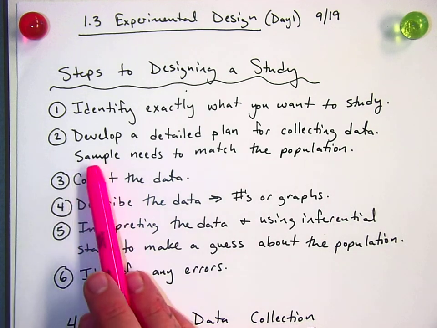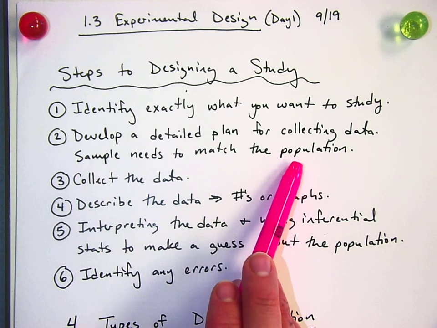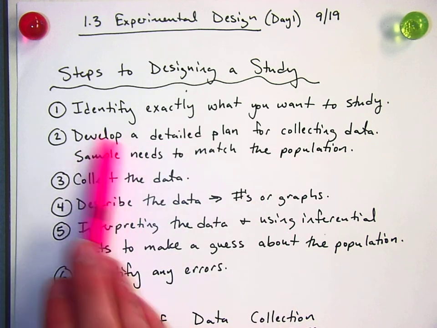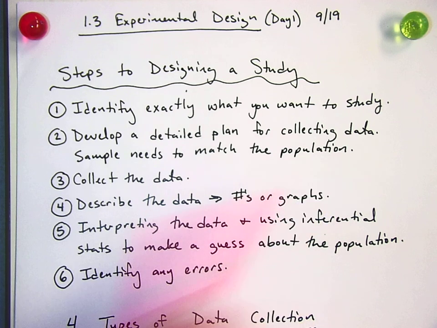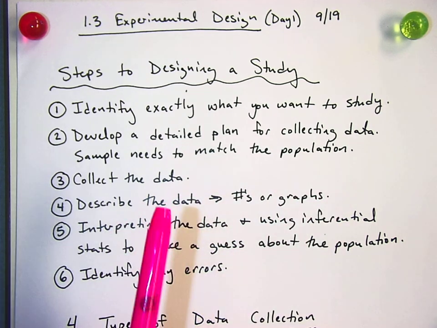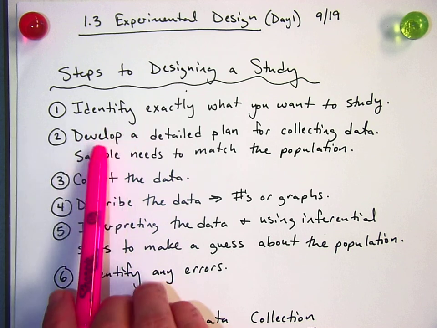But that doesn't match the whole United States, because the whole United States aren't Republican. So you need to have a sample that is similar to the whole United States, if you wanted to talk about specifically that.